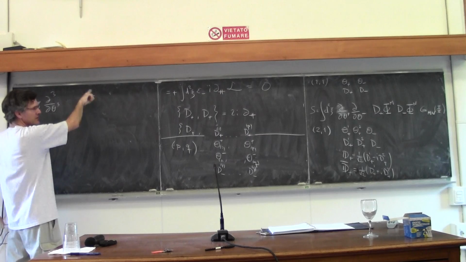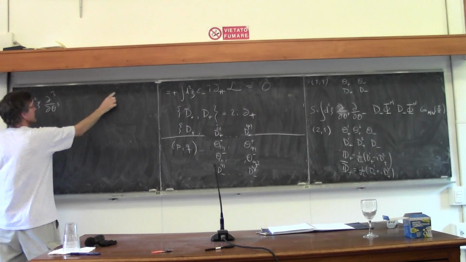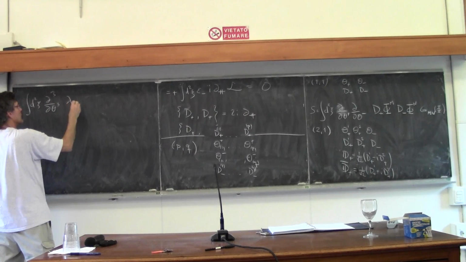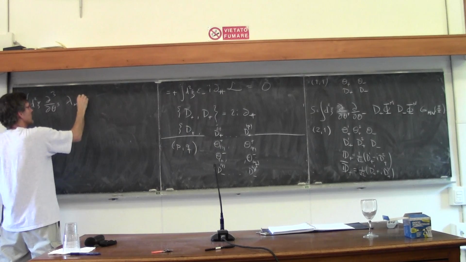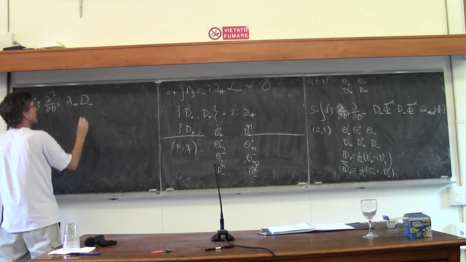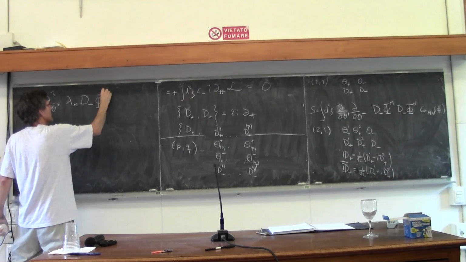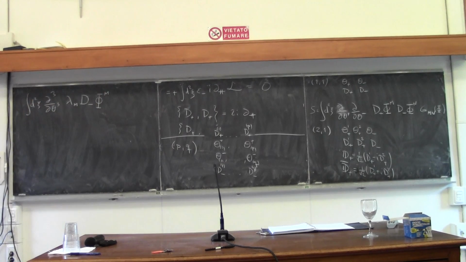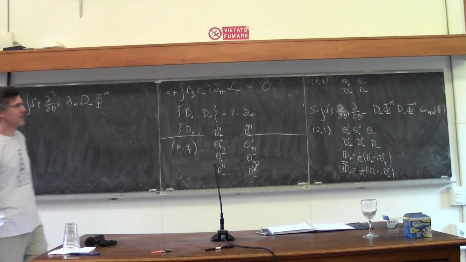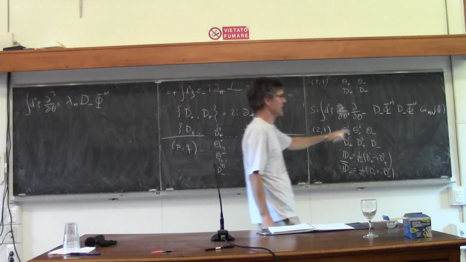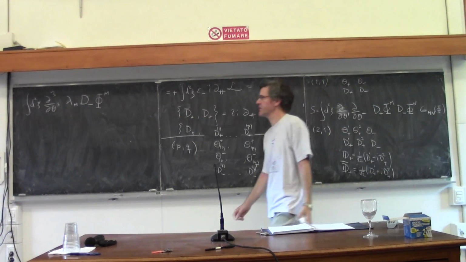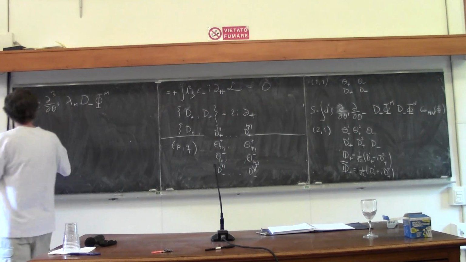So I need something which contains one supercovariant derivative. So you might try something like this. But if you try now to go to components, you see that you get more than the sigma model that you wanted. You get additional terms that you don't really want to be there.